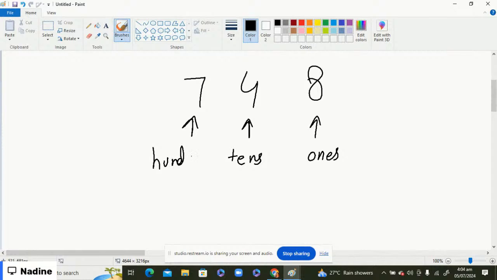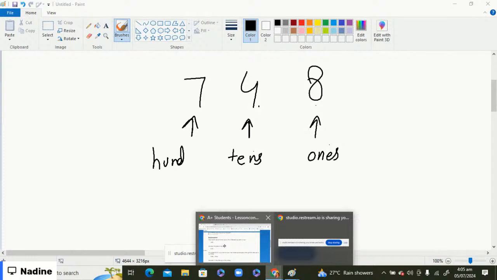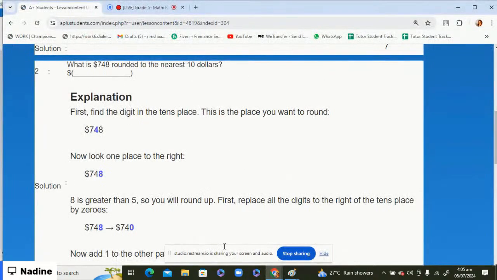Which digit is in the ones place or tens place? 8 is in the ones place, 4 is in the tens place, and 7 is in the hundreds place.